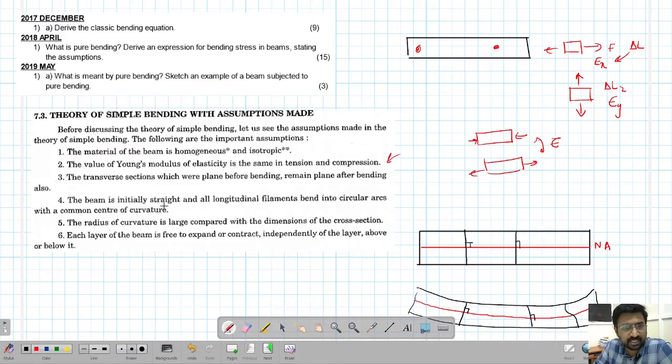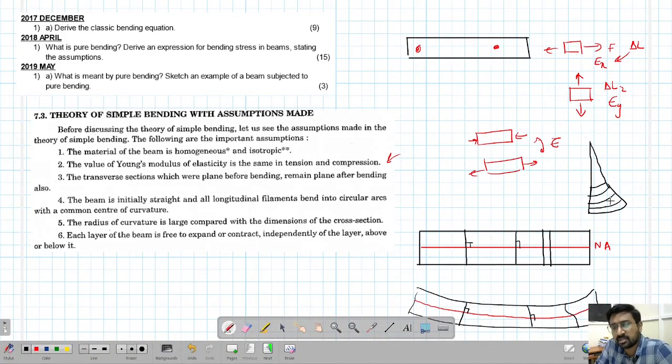Then the beam is initially straight and all longitudinal filaments bend into circular arcs with a common center of curvature. So what they're telling is, if you take a very small portion here, after bending it will become like this. All these are very small arcs of a circle.